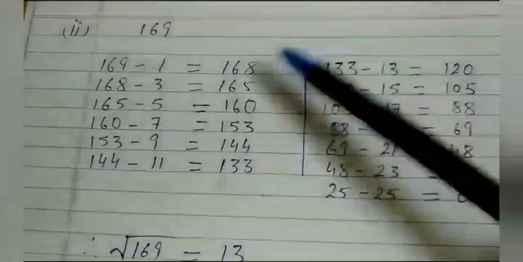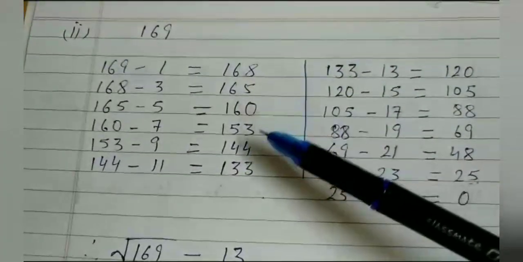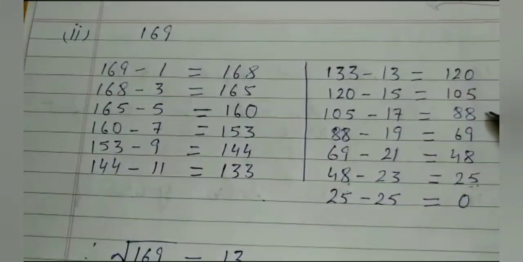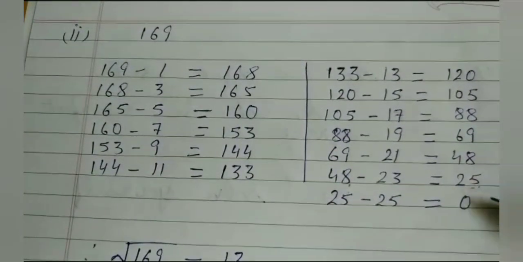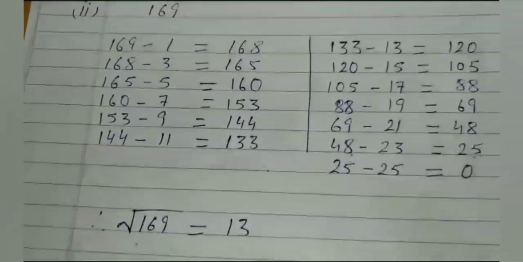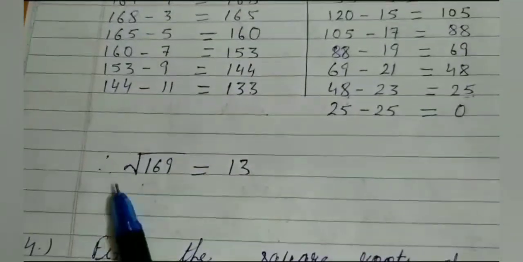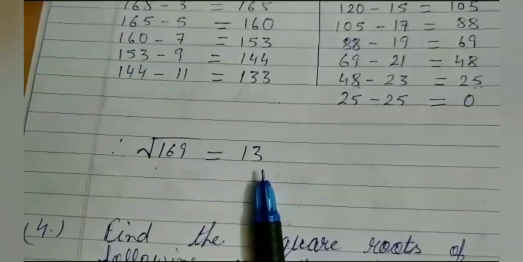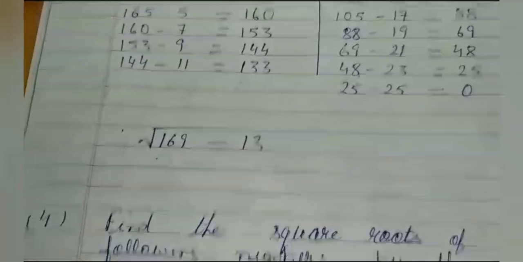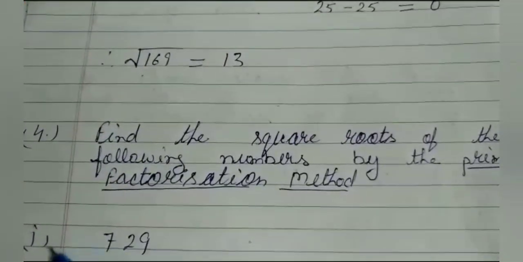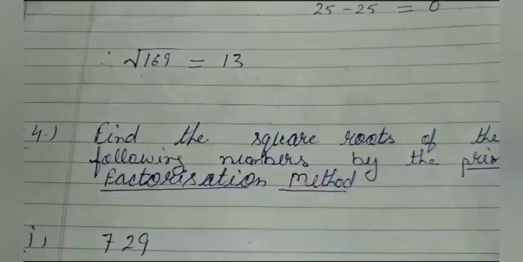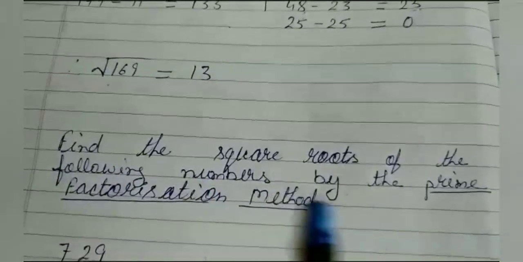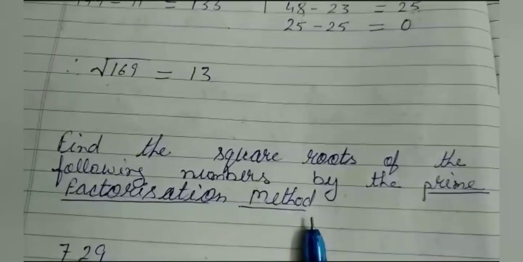Count the steps: 1, 2, 3, 4, 5, 6, 7, 8, 9, 10, 11, 12, 13. So we write square root of 169 is 13. Clear?